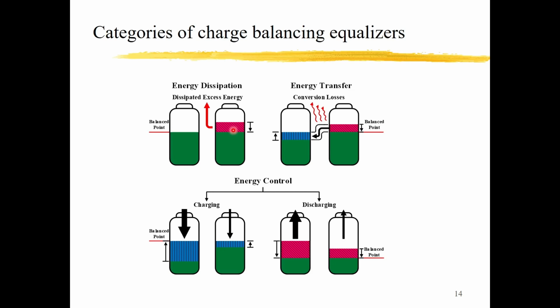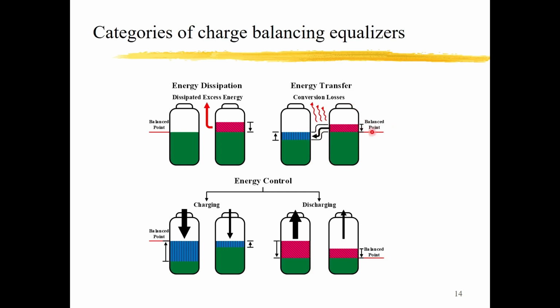This is very popular, especially at the module level. In the module, if we want to balance the cells inside the module, this method is very popular, widely applied. And the second is energy transfer.